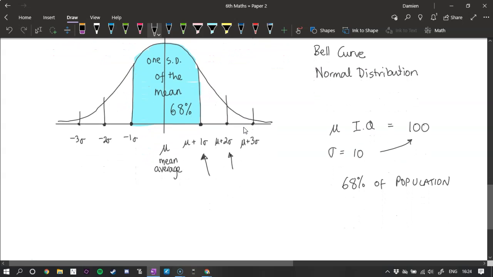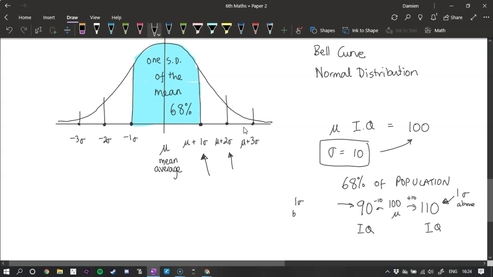So 68% of the population will range between 90 IQ points and 110 IQ points, where the average is 100, because you're plus 10 and you're minus 10. And since your standard deviation is 10, this here is 1 standard deviation above the mean, and this 90 here is 1 standard deviation below the mean.